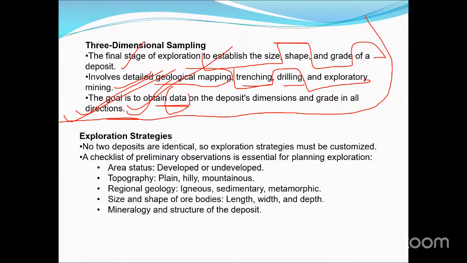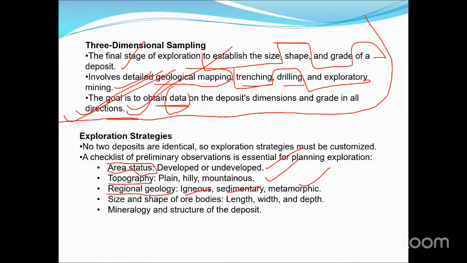A checklist of preliminary observations is essential for planning exploration, like the status of the area, developed or undeveloped. And topography of the area: plain, hilly, or mountainous. And regional geology of the area: igneous, sedimentary, or metamorphic rock.